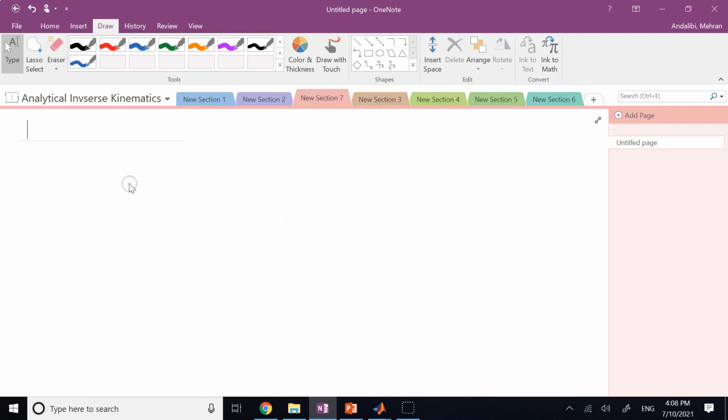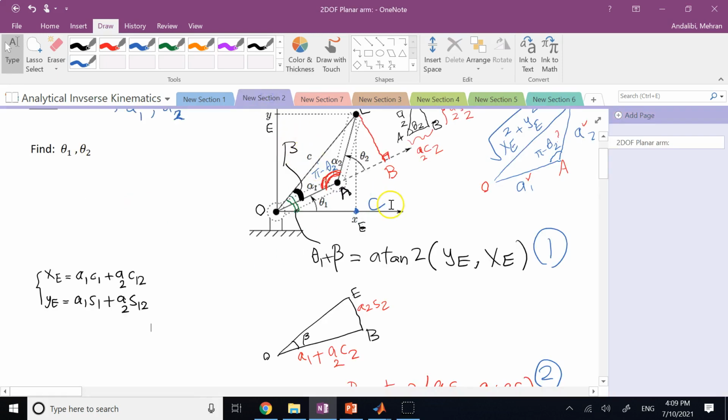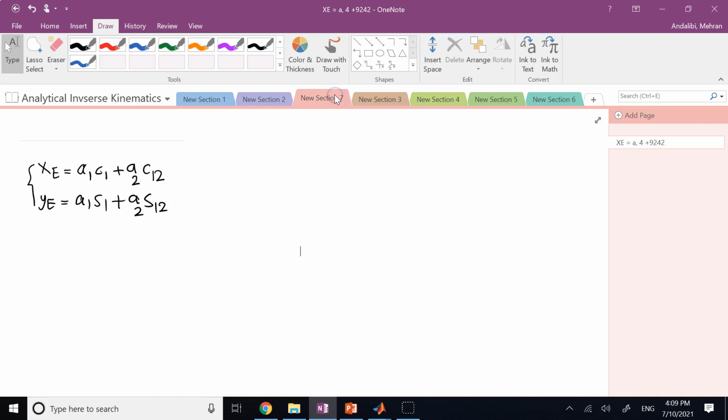Maybe I can solve these equations for you with algebra without any geometry like this. Is that a possibility? Let's take a look. So here, I try to see if there is any way I can find theta 2, just like the previous case.